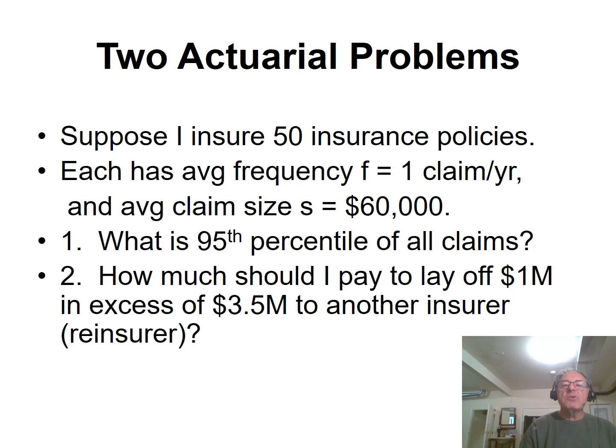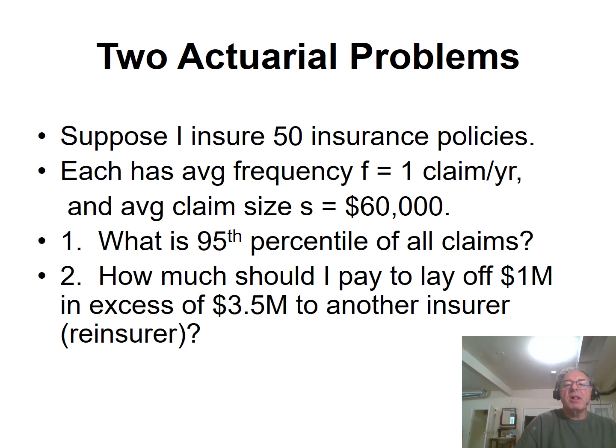Quickly, I'm going to talk about two actuarial problems that I've used in my actuarial career, which use simulation. Suppose I insure 50 insurance policies, where each insurance policy has an average frequency of one claim a year and an average claim size of $60,000. And let me stop right here. These are average numbers.